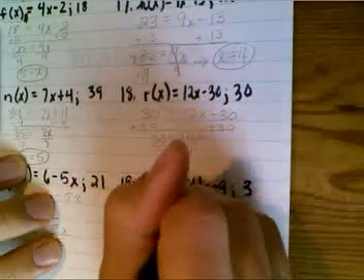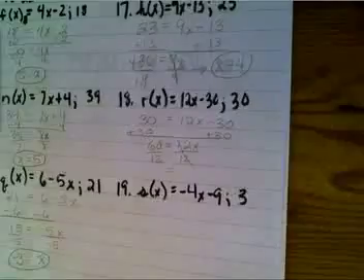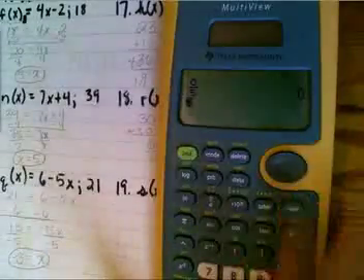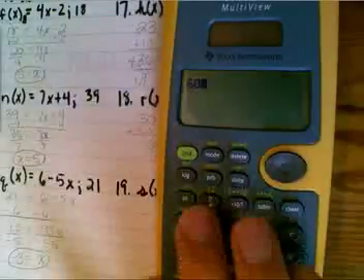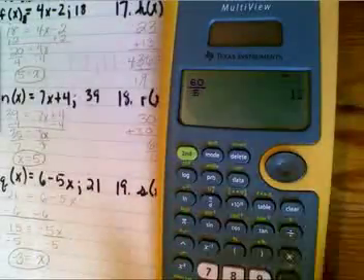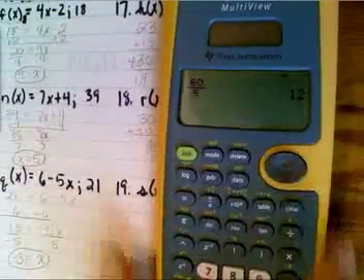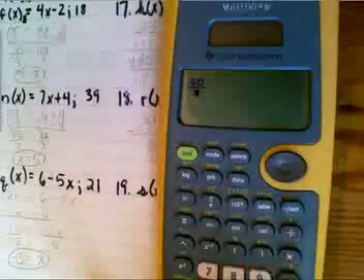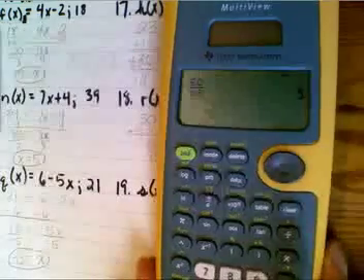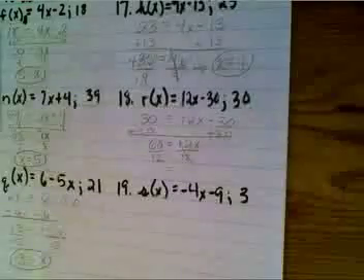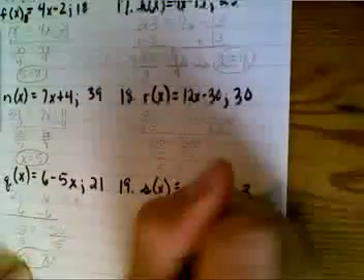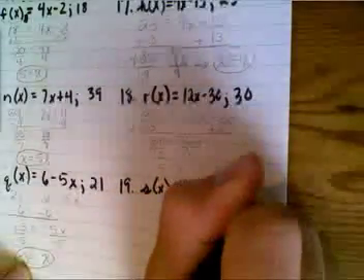If I'm not mistaken, that answer is 5. I'm just going to double check that. Okay, I'm going to type in 60 divided by 12 and make sure that it's 5. There it is. Okay, so 5 equals x, or x equals 5.